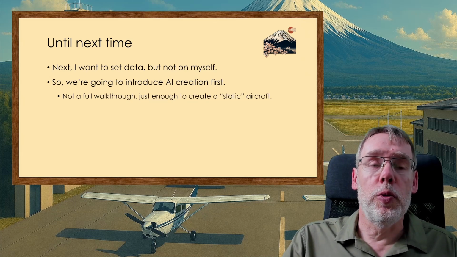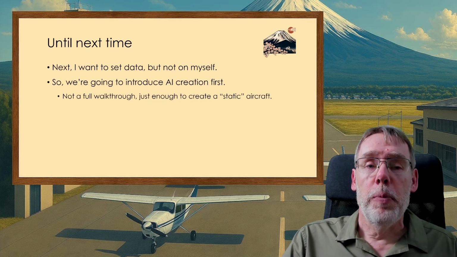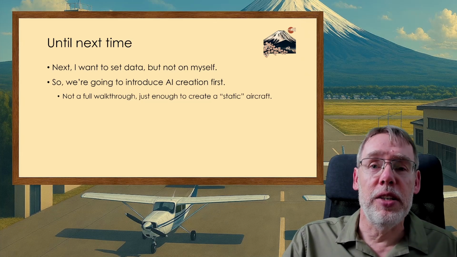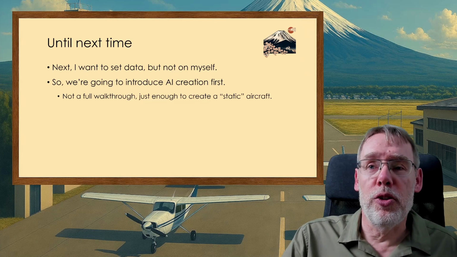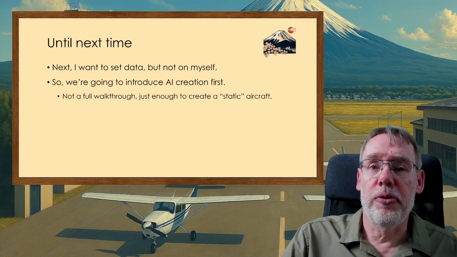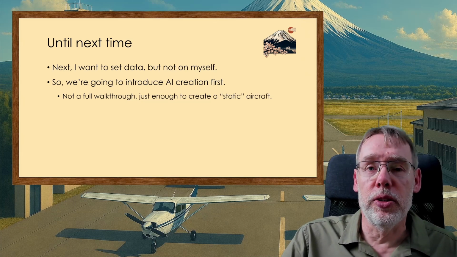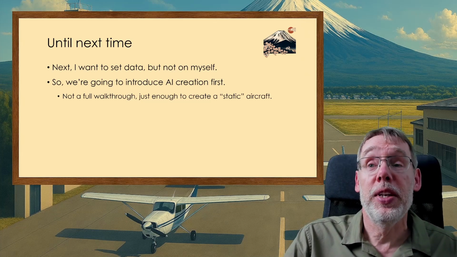We're not going to do a full walkthrough of all the different forms of AIs, but just enough of it to create static aircraft, which also means we need to find out what type of static aircraft we can ask for. And there is a call for that to enumerate the titles and the liveries for those titles. So we'll do that as well.